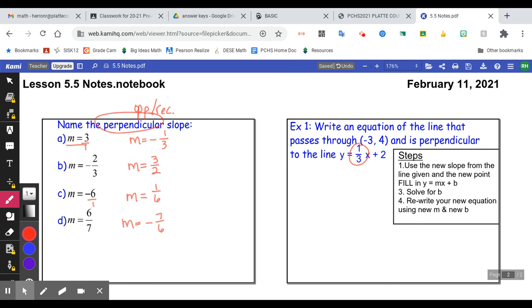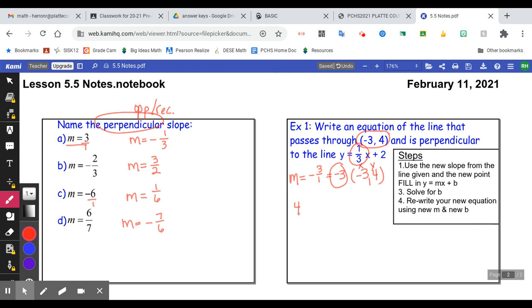So the line that they gave us is 1 over 3. So my new line is going to be negative 3 over 1, which equals negative 3. Then the point they gave us is going to stay, negative 3, 4. And now I have my m, my x, and my y, and I'm back to square one.